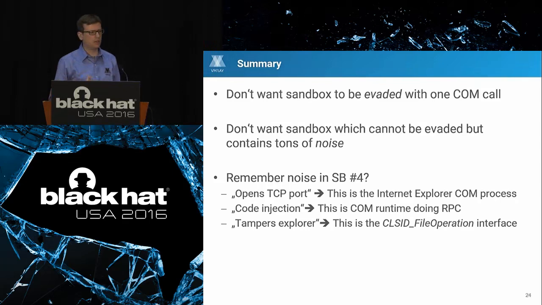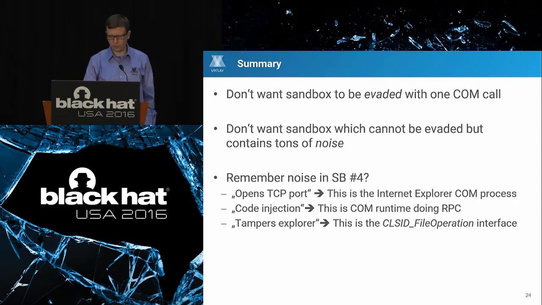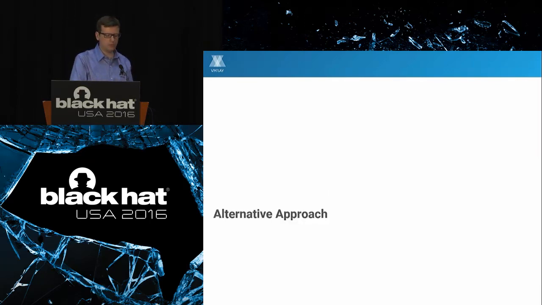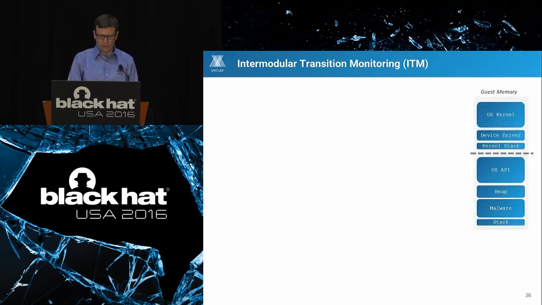Then you wouldn't have these kinds of problems. For this case, you could use emulation, but in our case, for various reasons, we experimented with other stuff, and we came up with another approach, which we call intermodular transition monitoring, and I'll try to explain how it works on these slides.